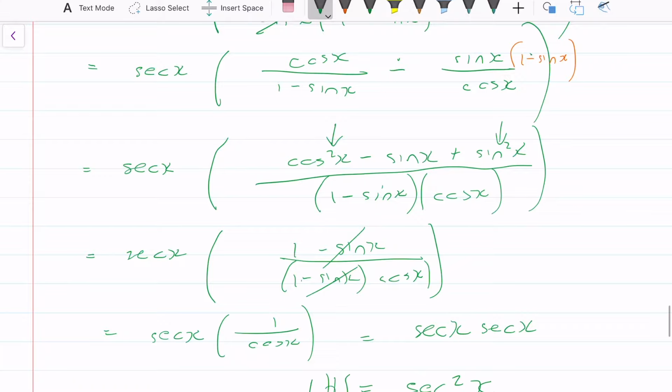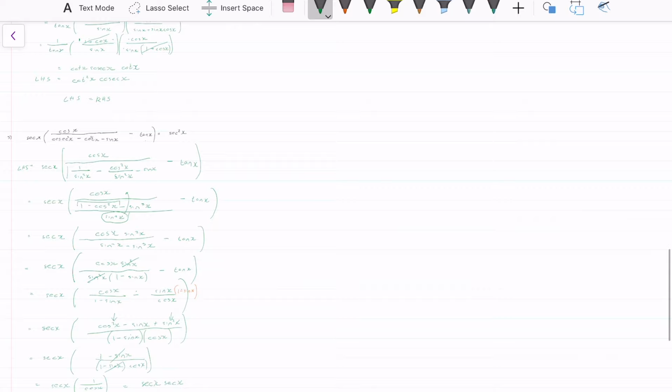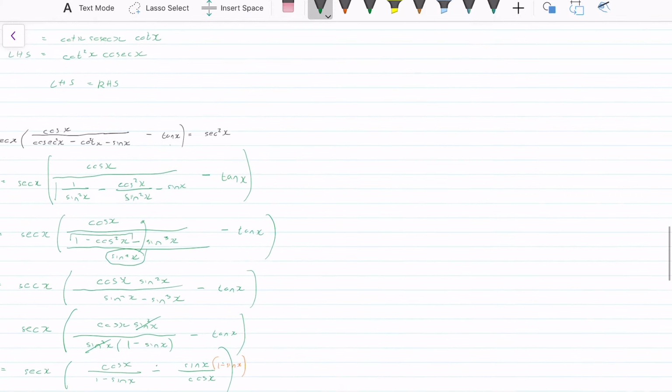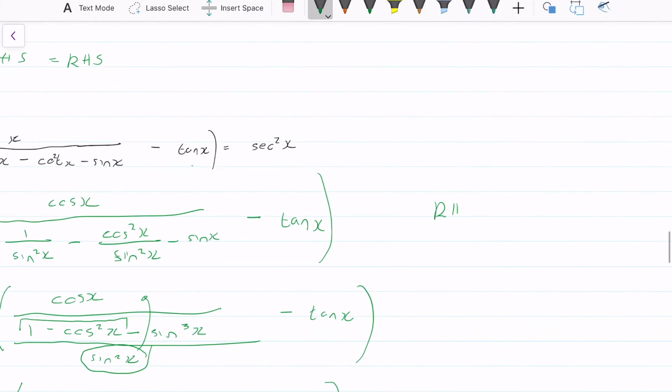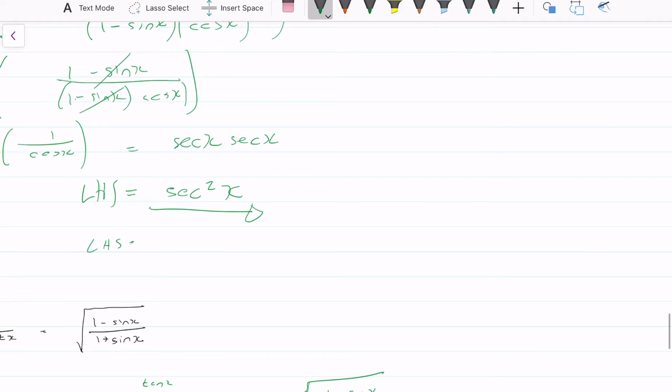So our left hand side is equal to sec squared x. And if we look at our right hand side, it's also equal to sec squared x. So our left hand side is equal to our right hand side.